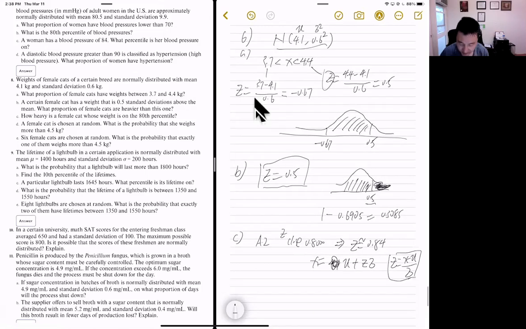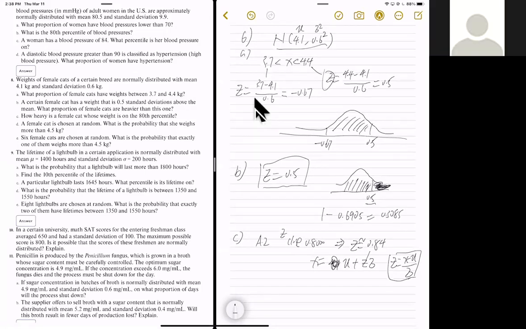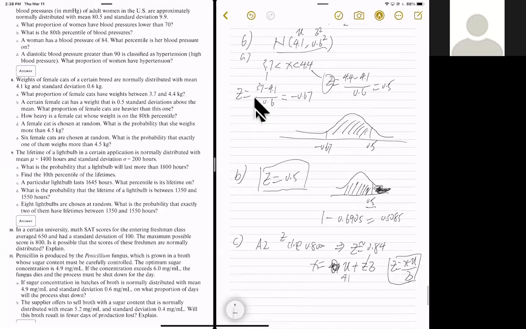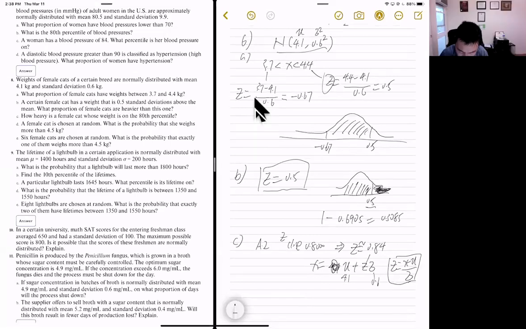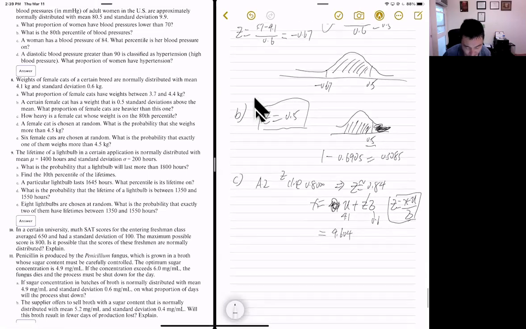So we have a z-score of 0.84, the mean value 4.1, and sigma 2.6. So we calculate the weight of the female cat, which is 4.6. That's part C.